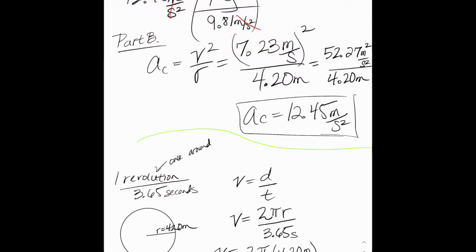So we just divide that 12.45 by 9.81, and we get roughly 1.27 G's of acceleration. And this is also an answer for part B as well.